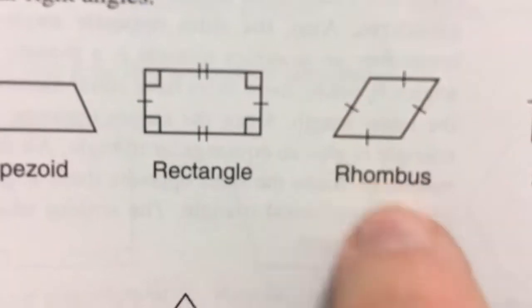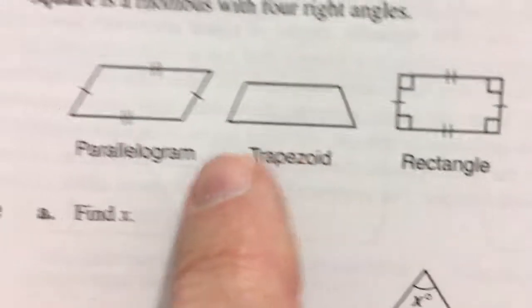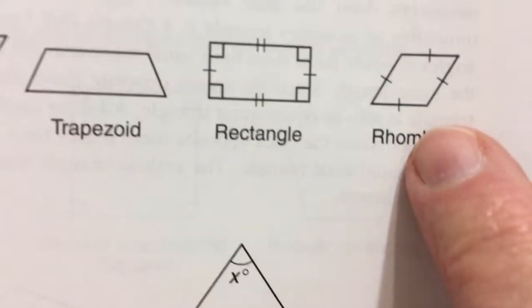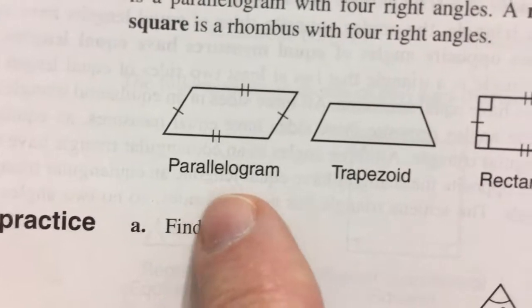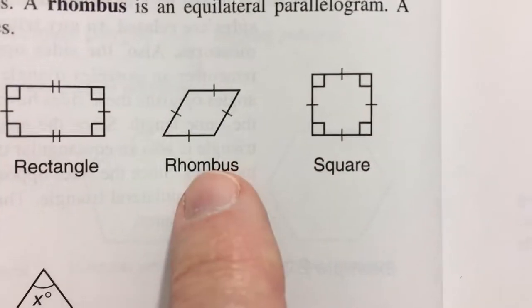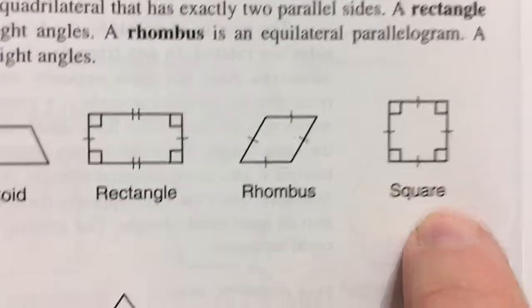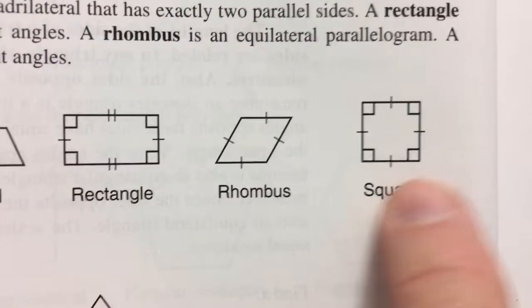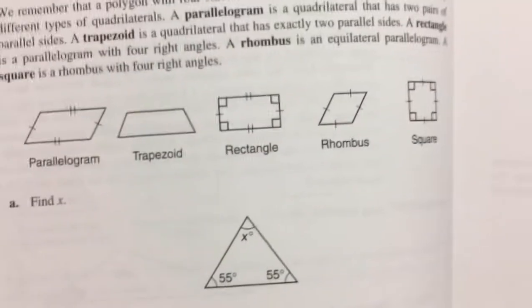So opposite sides are parallel, but the sides are equal to each other. So a rhombus is a parallelogram that has the same sides all the way around, isn't it? And then there's a square, which is the same as a rectangle that has all four sides equal to each other. So those are 5 that we need to know.